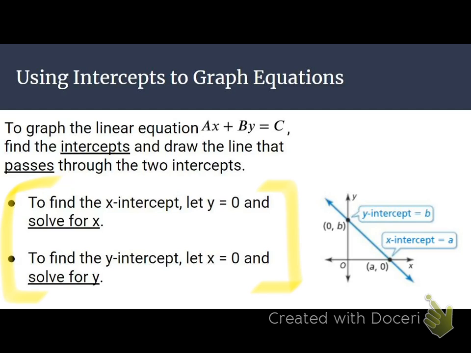We are really finding 2 points here. So 0 goes in for y, and 0 goes in for x.